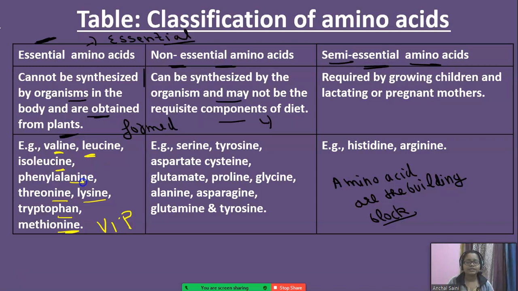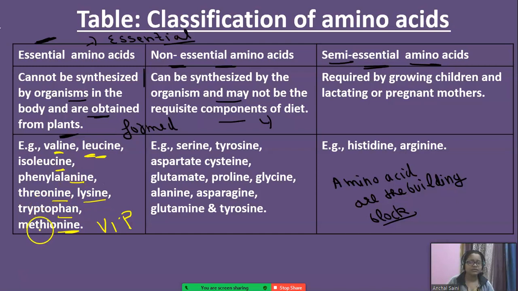And next is leucine. You can easily remember that if isoleucine is essential, then simple leucine is also essential. There is no problem remembering this. Leucine starts from L, so you can remember that lysine also starts from L. So this is again an essential amino acid.